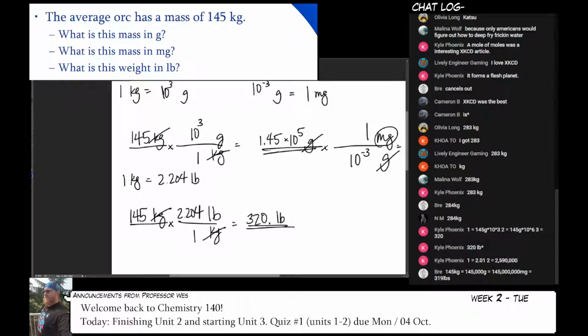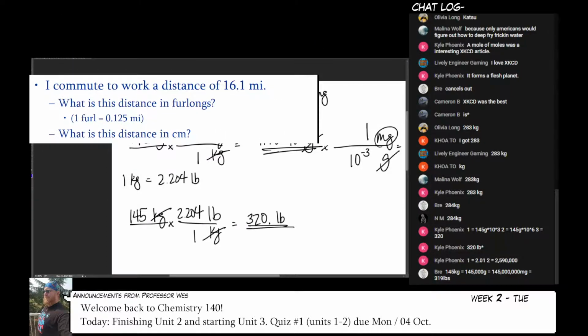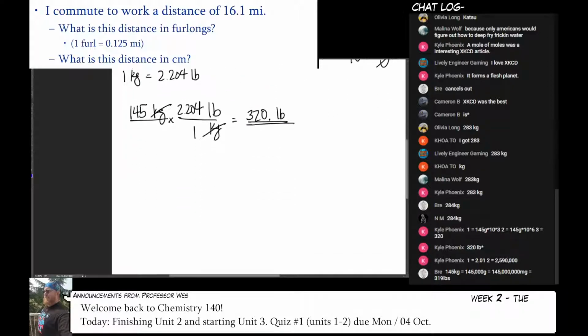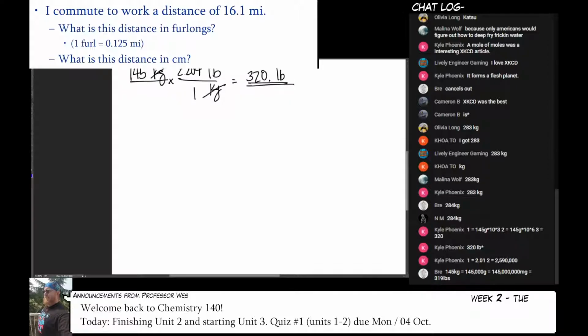All right, and then let's do the last few. This is my commute. I think my commute's actually a lot shorter than this now, but what is the distance in centimeters? Oh, sorry, let's do the furlongs one first.